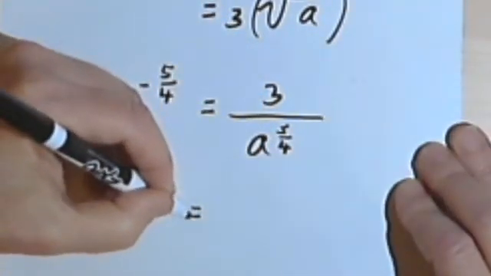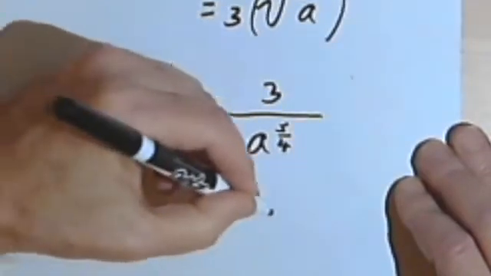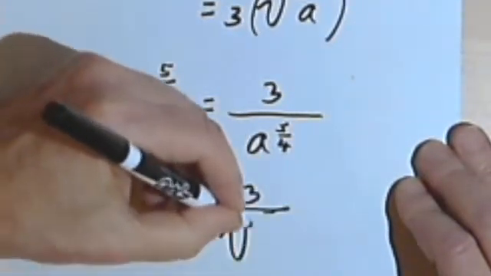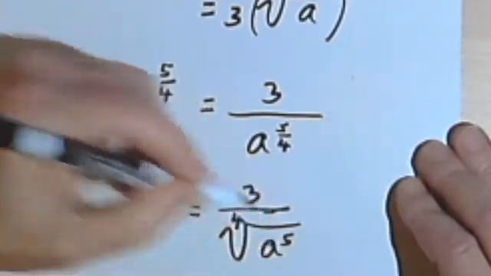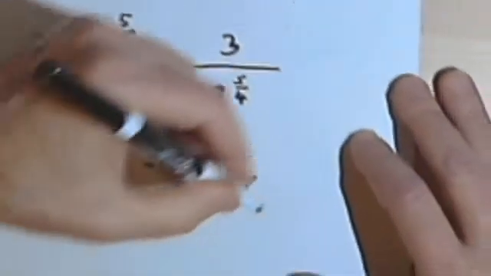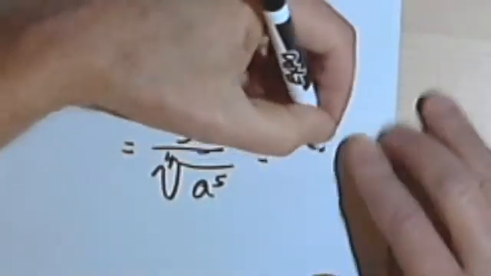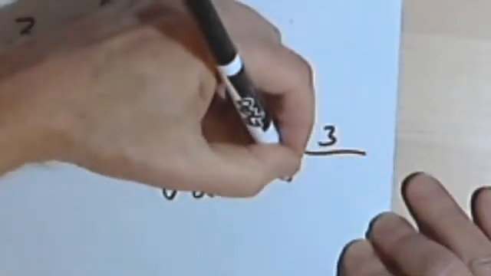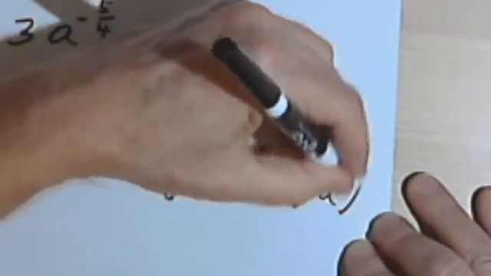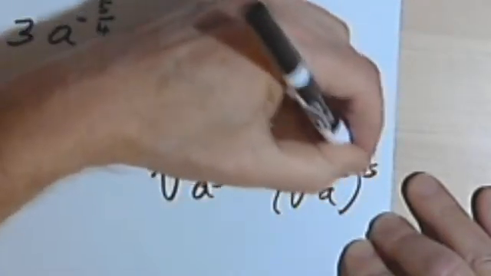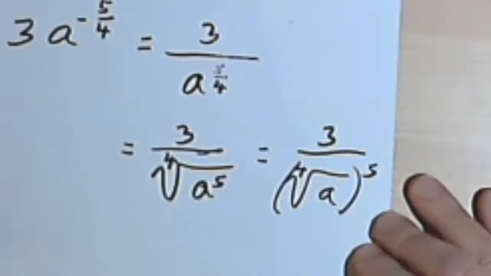Well, that means I'm going to have 3 over either the 4th root of a to the 5th, or I can write that as 3 over the 4th root of a, and then take that entire root and raise it to the 5th power.